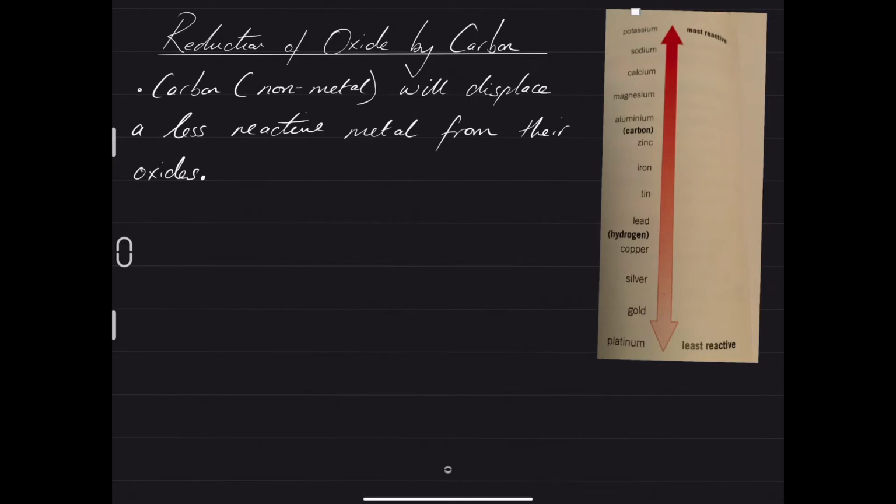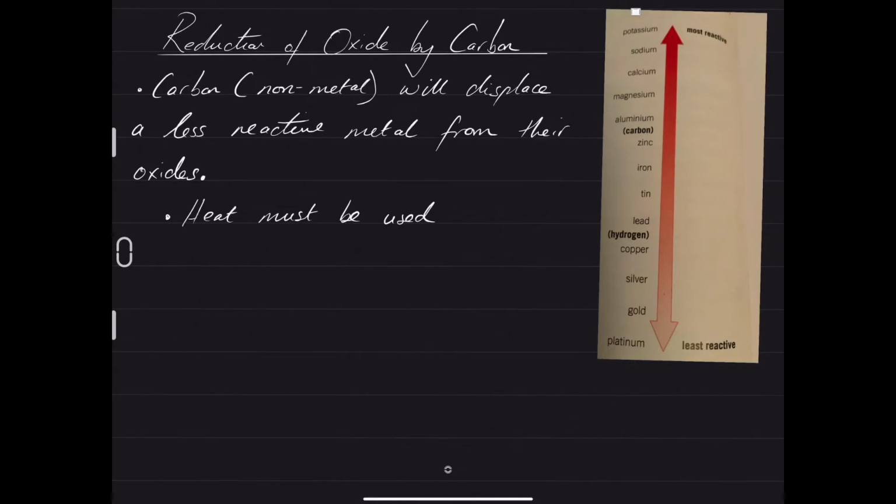All right, now the next point is that you must heat the metal oxide with carbon. So the next point is that heat must be used. So you must heat the metal oxide with the carbon.